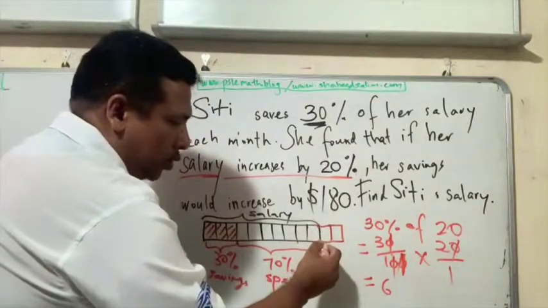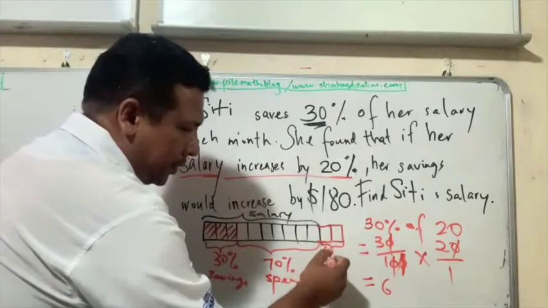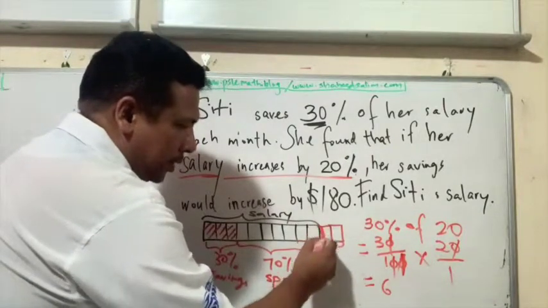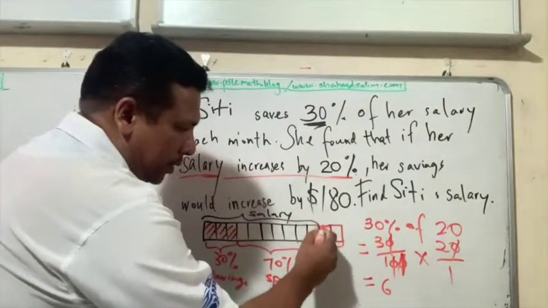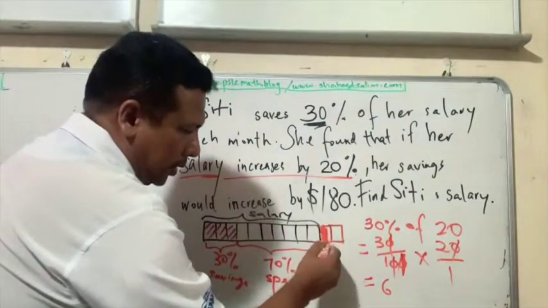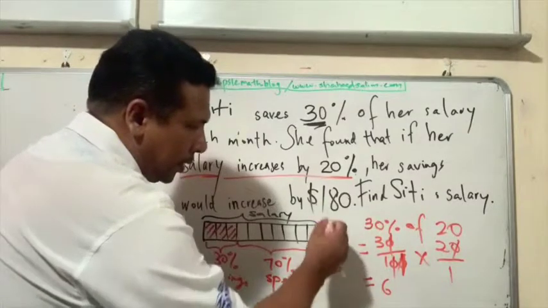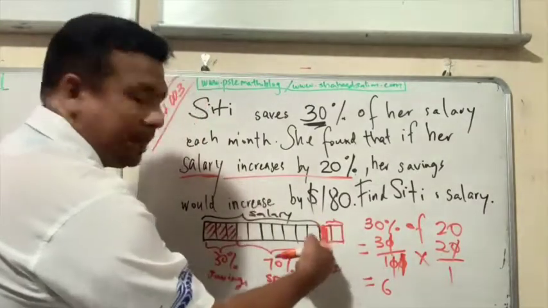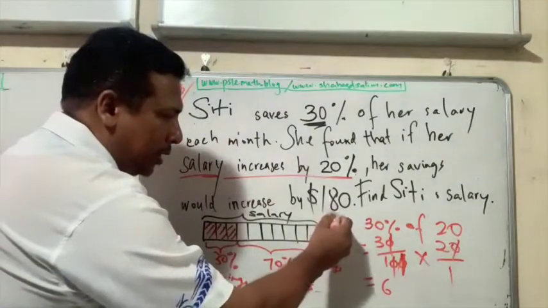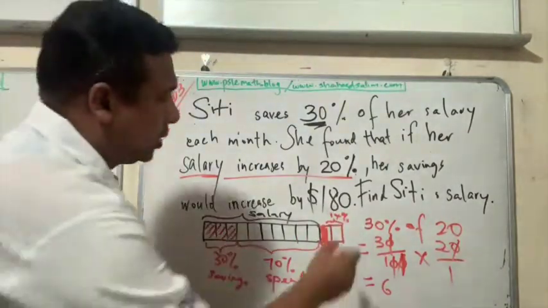So out of this 20% here, 6% is savings. The balance, 20 minus 6, is 14%. This 14% is what she spends.